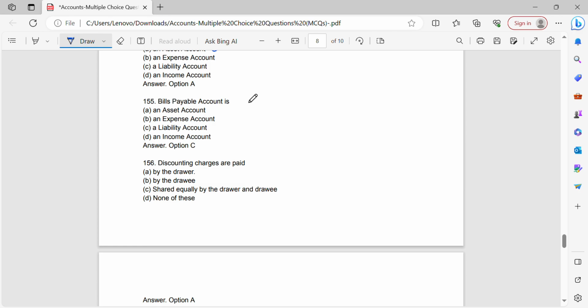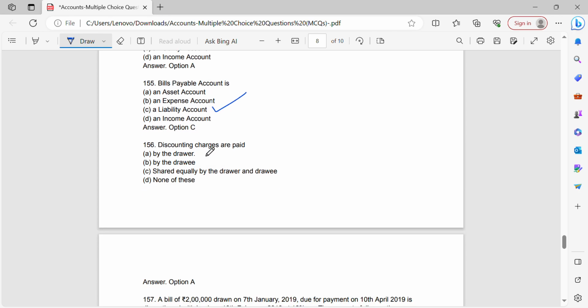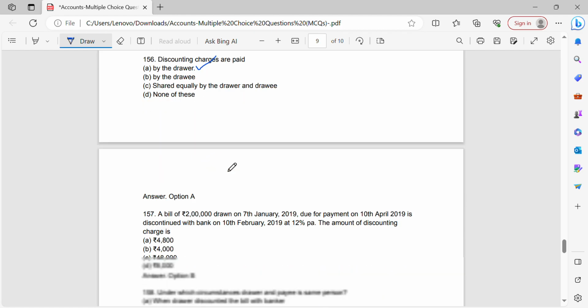The correct answer is C, a liability account. The next question is: discounting charges are paid A, by the drawer; B, by the drawee; C, shared equally by the drawer and drawee; D, none of these. The answer is option A, by the drawer.